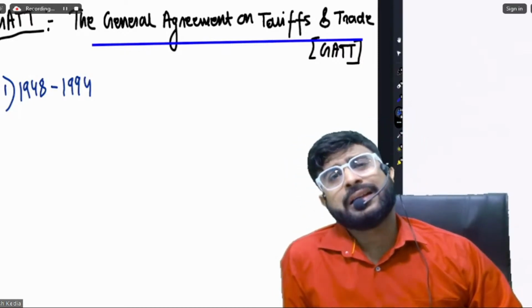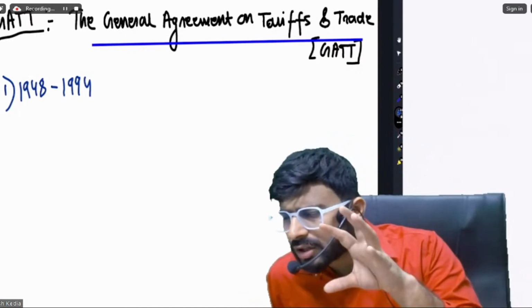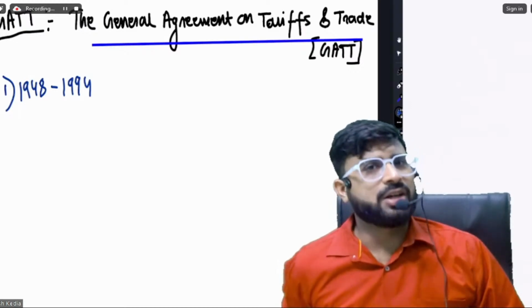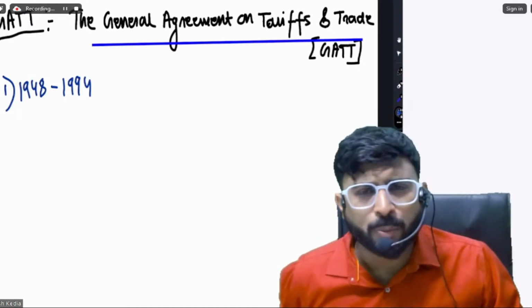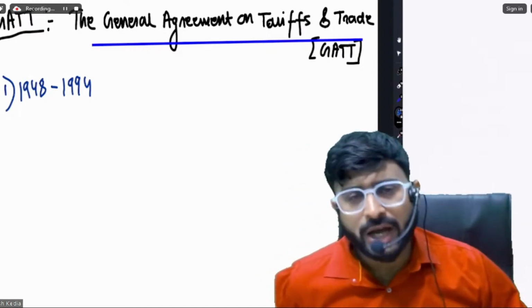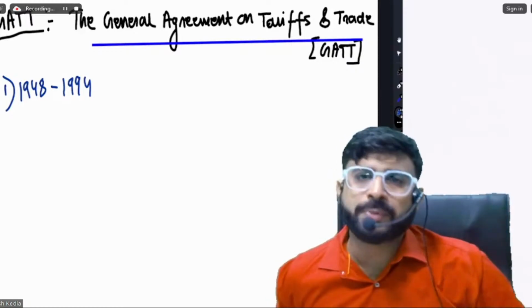Second thing was, GATT was generally covering trading in goods. It was rarely talking about trading in services. Service related rules were not there. So basically, GATT had become an old concept, an outdated thought process, and hence WTO replaced it.